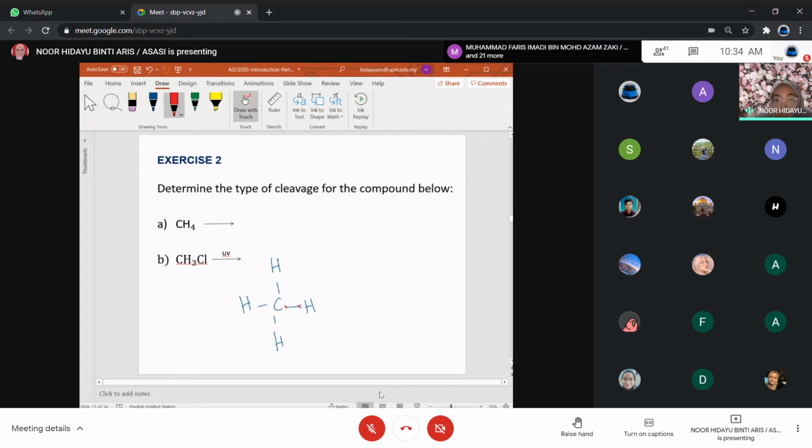Kalau homo kita bagi sama rata. Okay, so movement of electron kena tunjuk. Satu elektron akan pergi dekat hydrogen. Full headed or half headed arrow? Half headed. Okay, another 1 electron here will give back to the carbon, half-headed arrow. Okay, apa produk yang akan form?